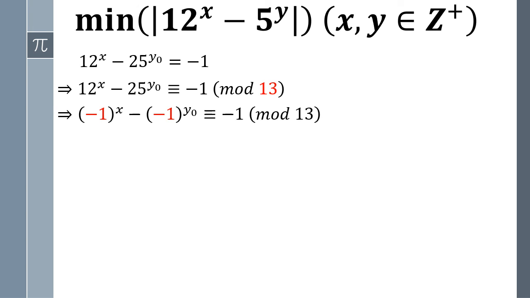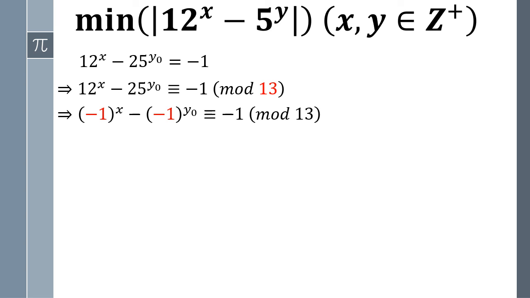If we take a look at the values on the left side, there are a few possibilities. If both x and y0 are odd numbers or even numbers, then the left side is equal to 0. If x is an even number but y0 is an odd number, then the left side equals 2.